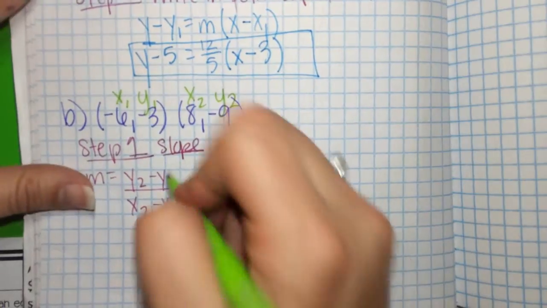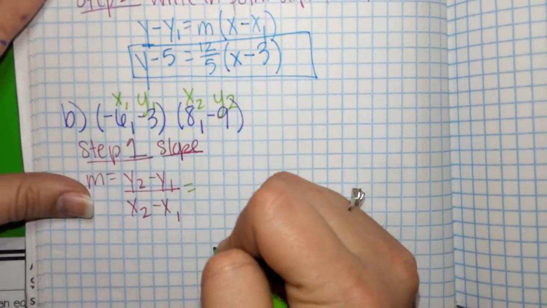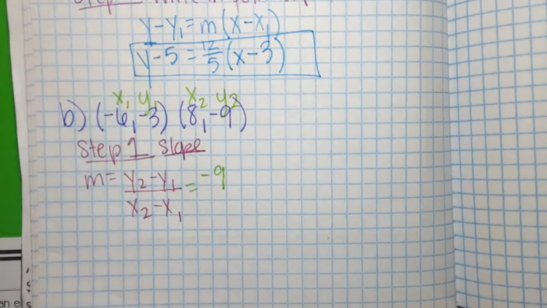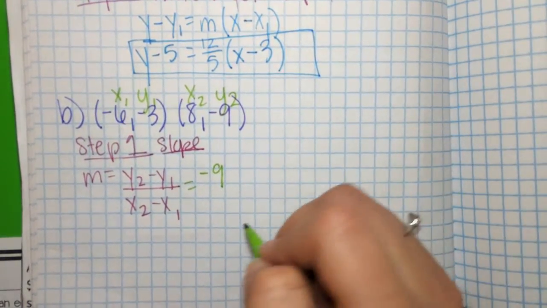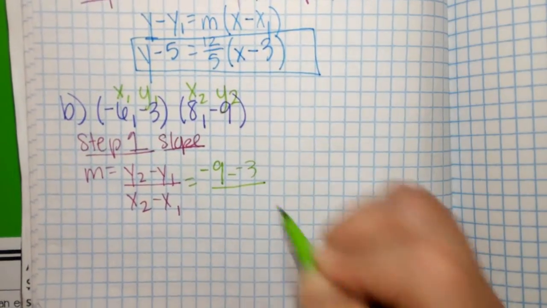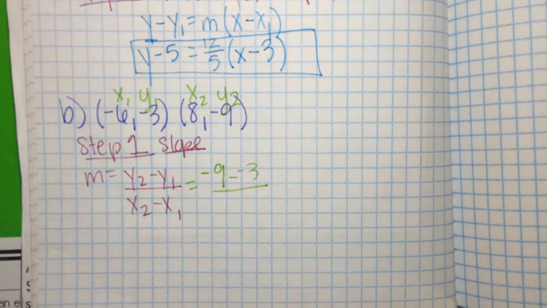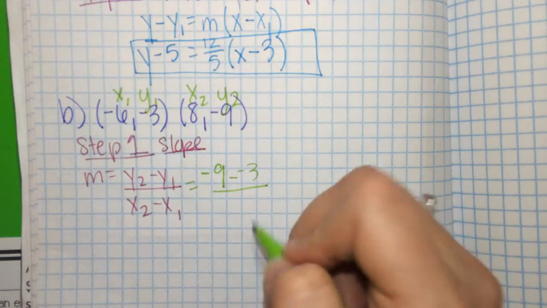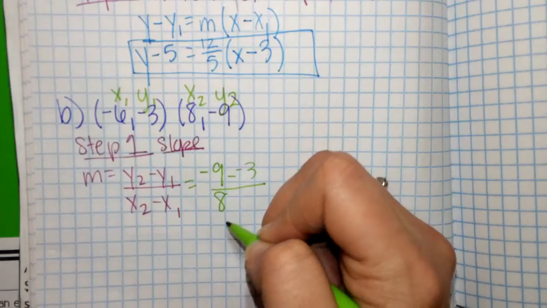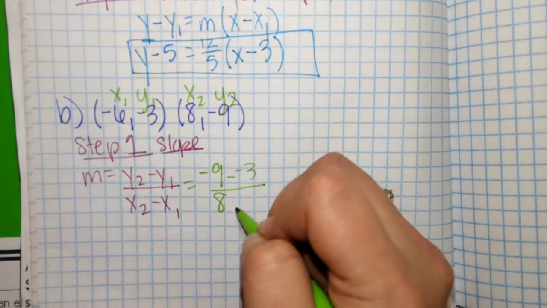Alright, what do I plug in for y2, Reggie? Take a point. What do I plug in for y1, Natalie? What do I plug in for x2, Bryn? What do I plug in for x1, Jorge?